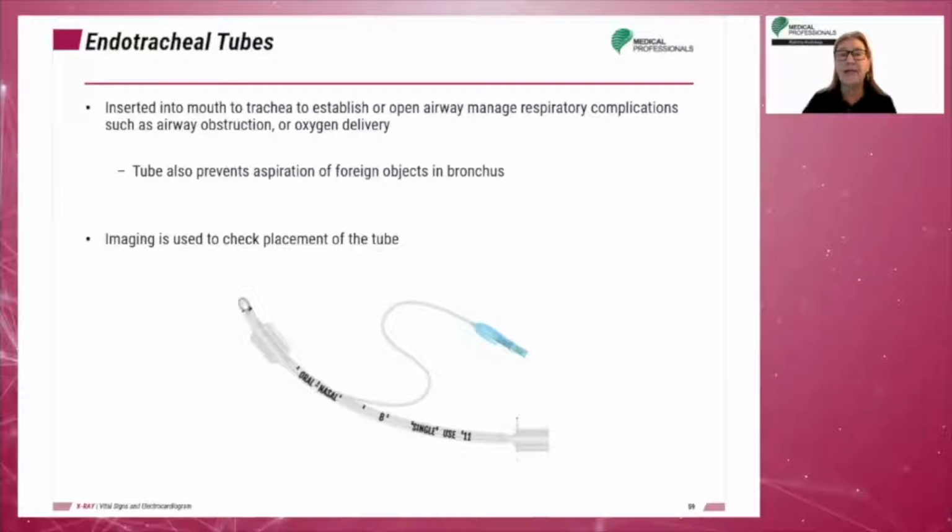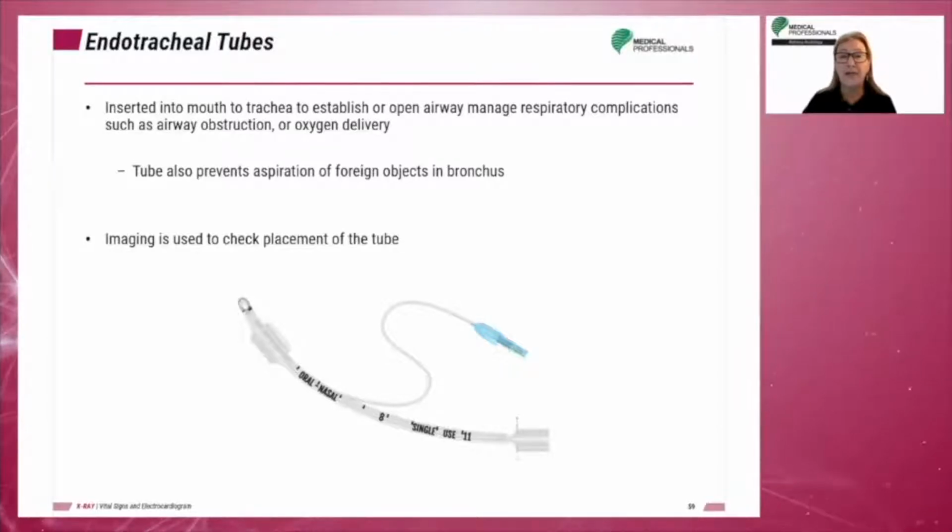An endotracheal tube is inserted in the mouth and down the trachea to establish or open the airway and to prevent respiratory complications such as airway obstruction or inadequate oxygen delivery.